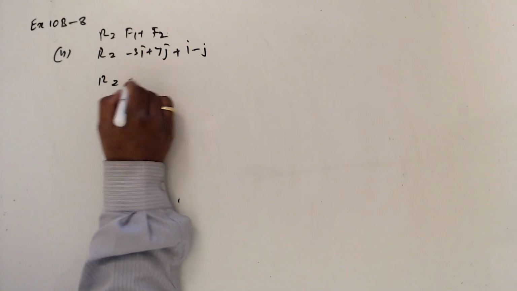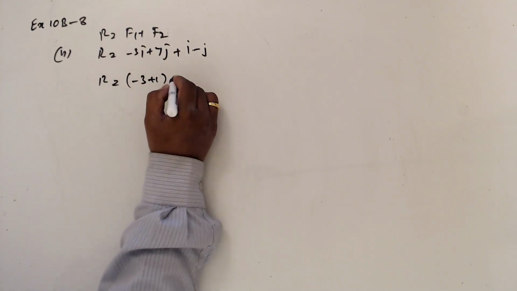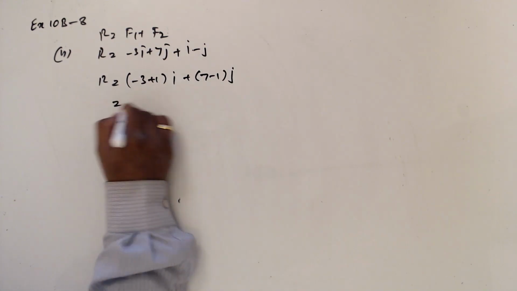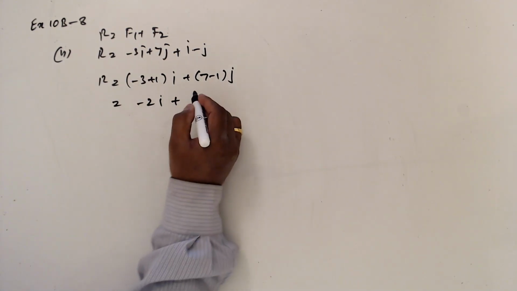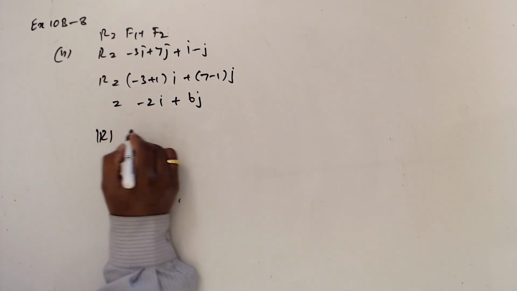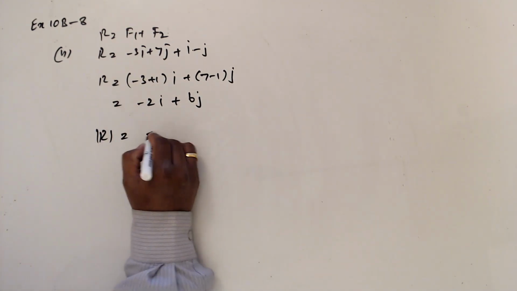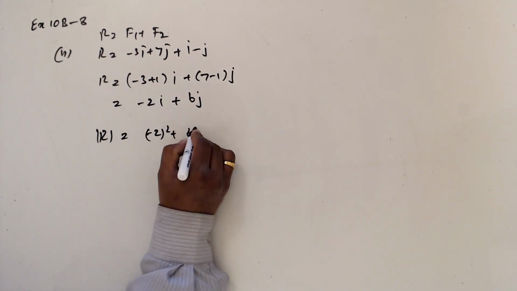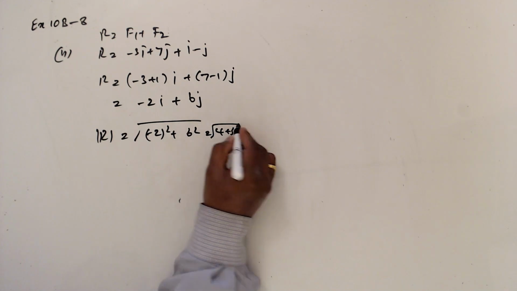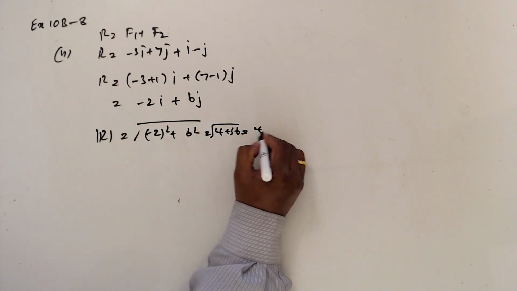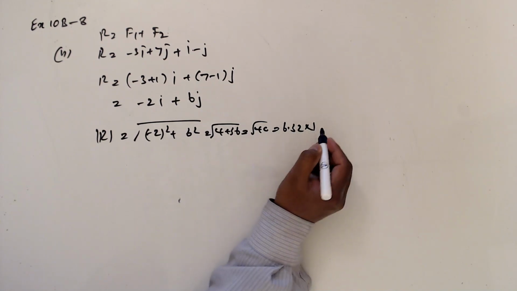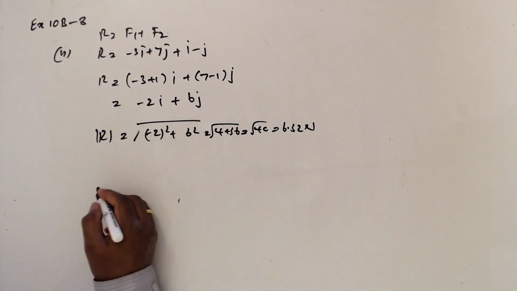So R equals (minus 3 plus 1)i plus (7 minus 1)j. This is minus 2i plus 6j. So the magnitude, mod R, is the square root of (minus 2) squared plus 6 squared, root of 4 plus 36, root 40, which is 6.32 Newton.